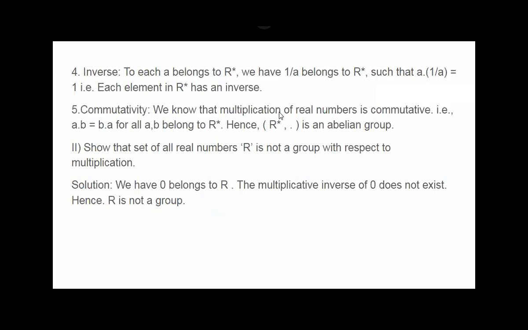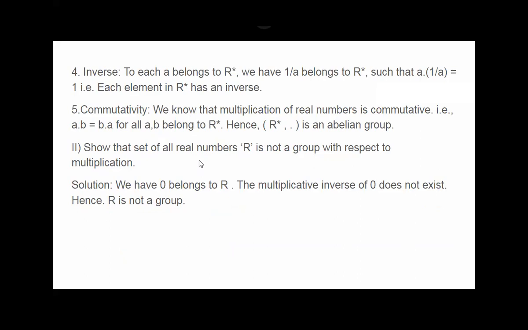Then the second question is, show that the set of all real numbers R is not a group with respect to multiplication. Again, the operation is multiplication, but the set is different this time. The set of real numbers is second. Here 0 is included.